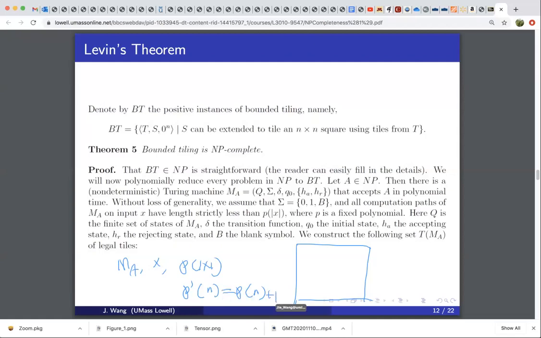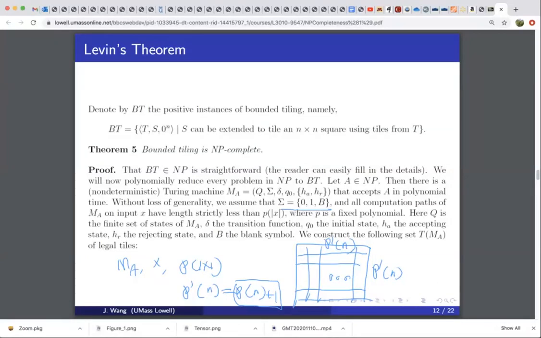Let's make it plus 1. Okay, now this is important, we'll come back to why this is important. So then this is going to be P prime of n by P prime of n. And the sigma, the tape alphabet, is 0, 1, and blank.